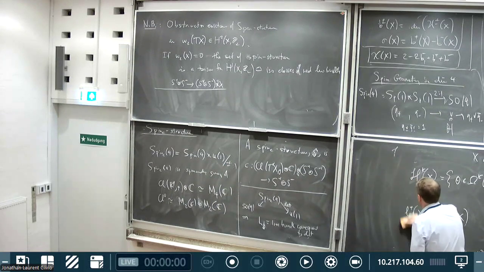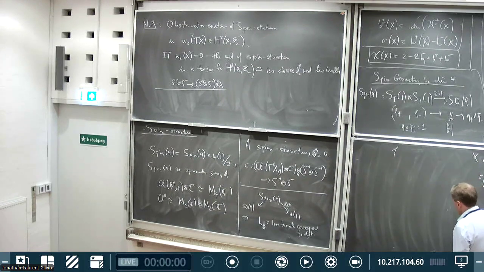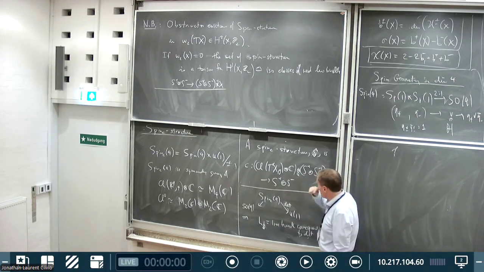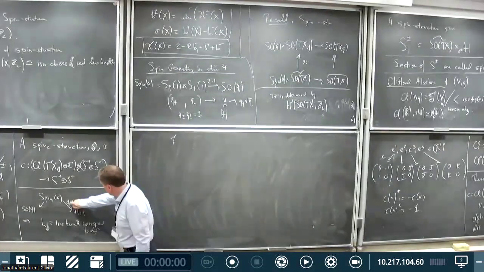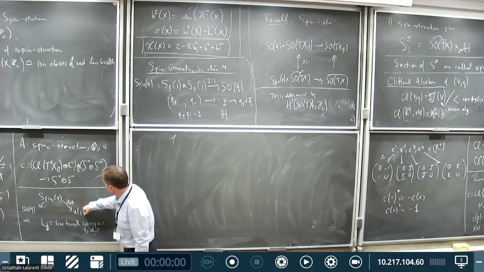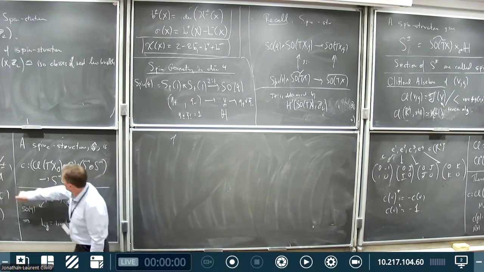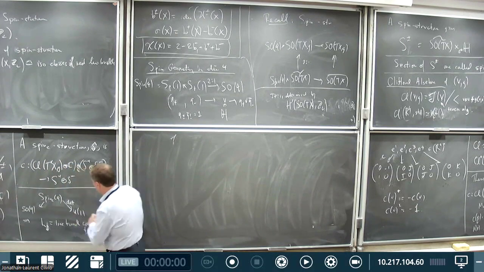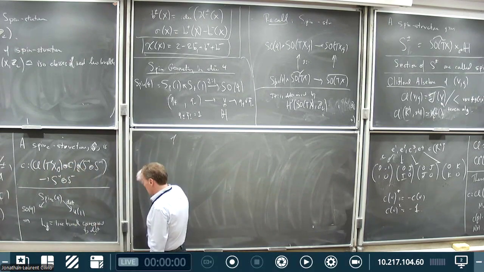So what about the existence of a spin C structure? The existence is a little more interesting. So you notice that there's this determinant homomorphism, that's the U1 over plus or minus 1, but that's U1.